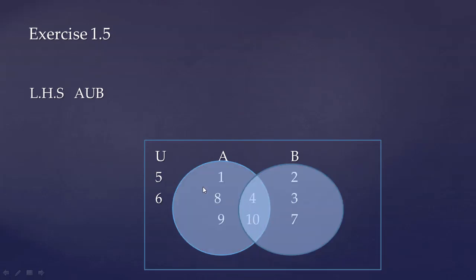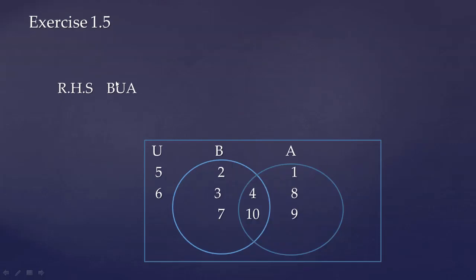Now we represent by shaded area A union B. The shaded area represents A union B.